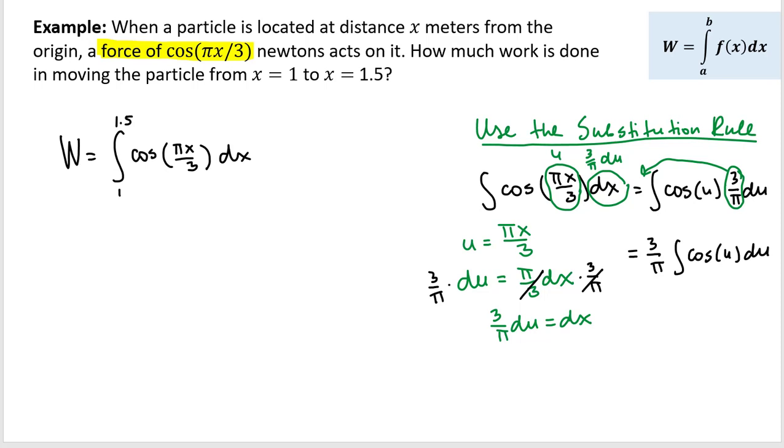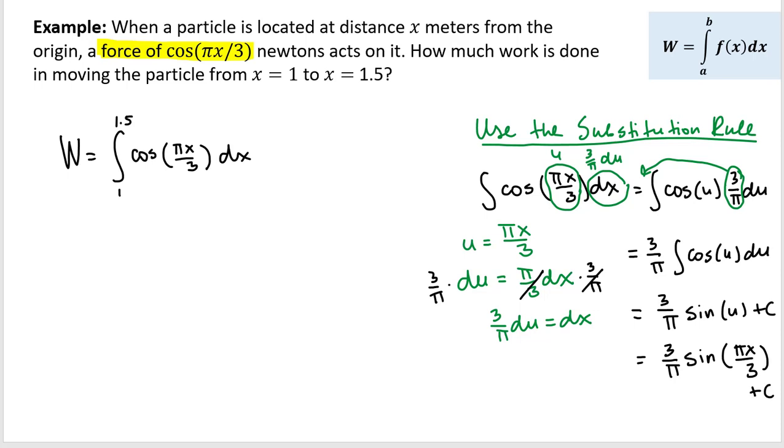Okay, and I'm ready to integrate. So the antiderivative of cosine of u is sine of u. So I'll get 3 over pi sine of u plus c. And I'll go back to the original variable of integration, which is x. So u I will replace by whatever it equals, so it's pi times x over 3, plus c.